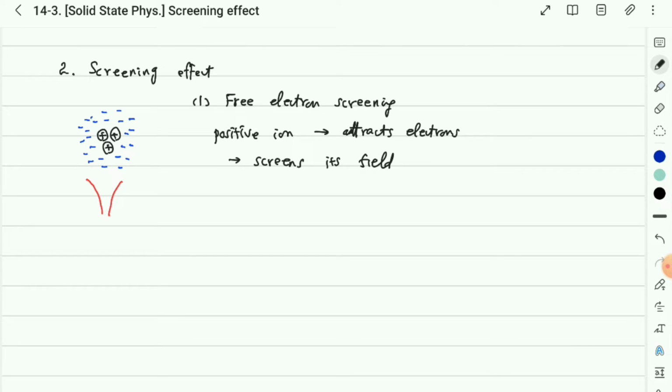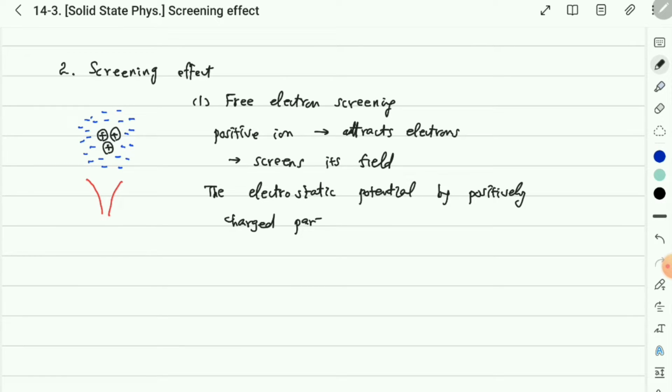And in this case, let's think about the Poisson equation. We should think about the electrostatic potential by positively charged particles, and let's say it is phi external. The phi external is the positive charge particle potential.